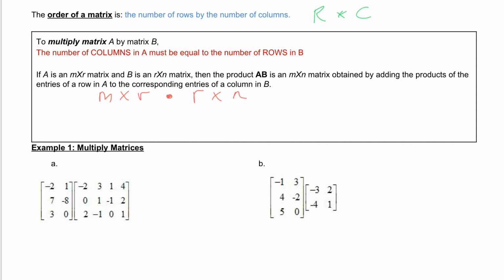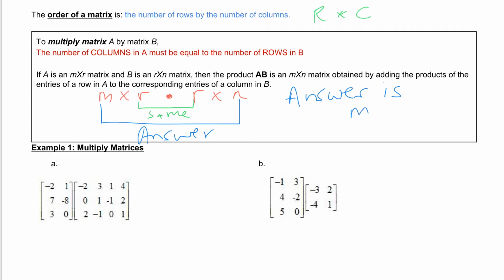These two have to be the same in order for you to multiply them. If they're not the same, then you can't multiply them. Then your answer is going to be of order M by N.